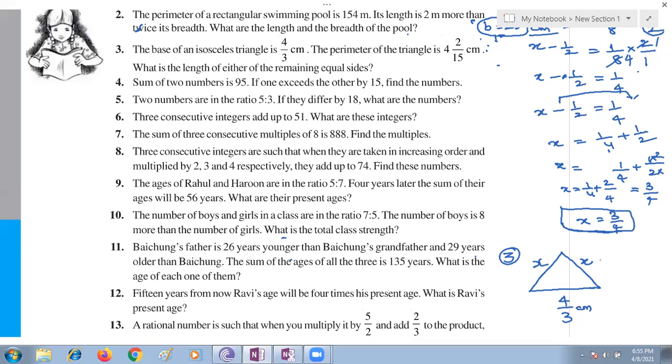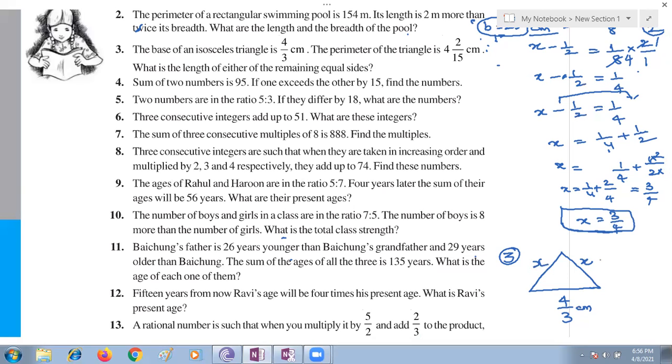Siddharth, what is acute angle triangle? Ma'am, in an acute angle triangle, all angles are acute, right? Yes. What is obtuse angle triangle? Ma'am, one angle will be obtuse and the others will be acute.